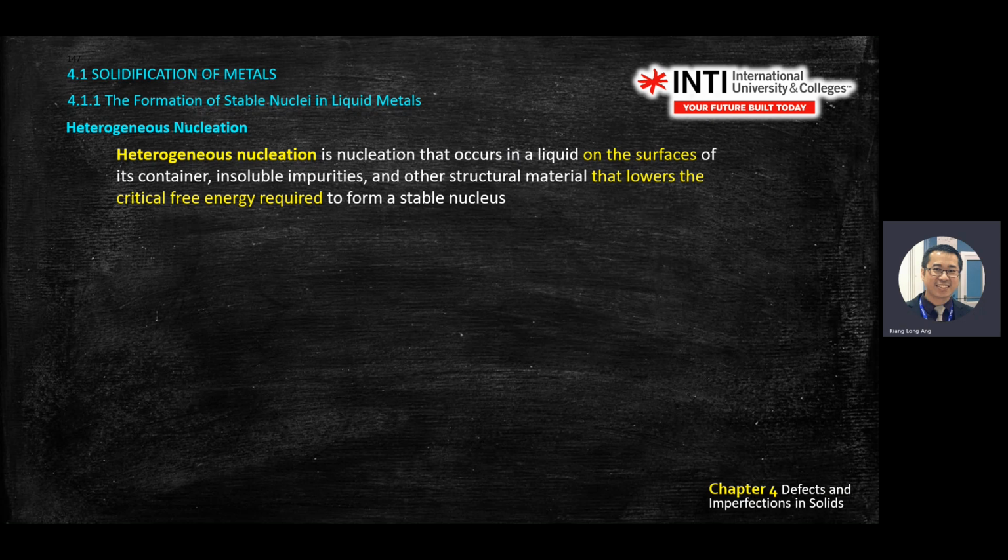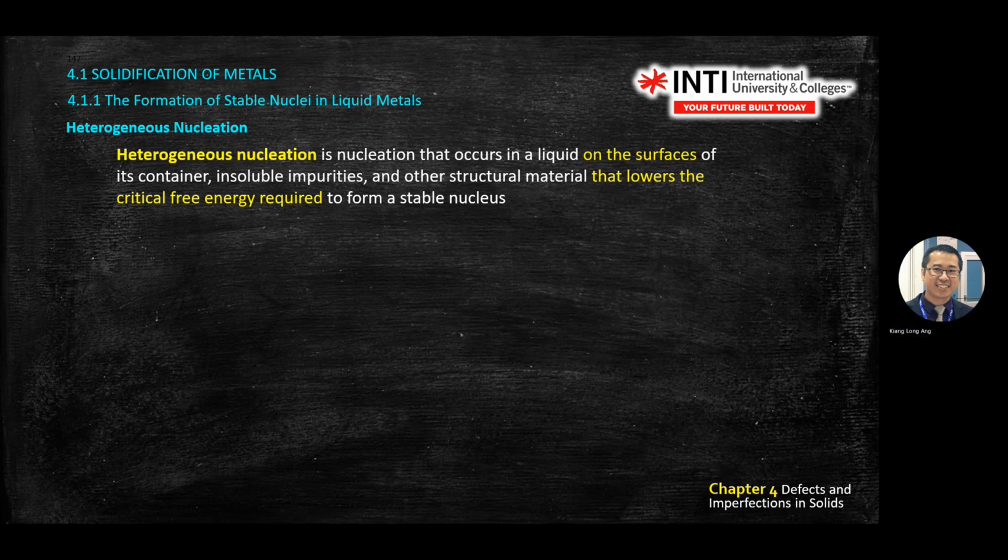This nucleation forms in the liquid on the surface of its container and so on. It can be formed from any surface that it gets in contact with, such as the container. It's the easiest way, because you need to hold the liquid in some way. So the container, or if there are any impurities.